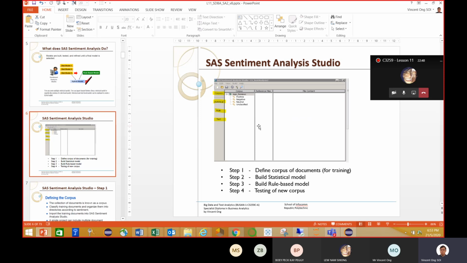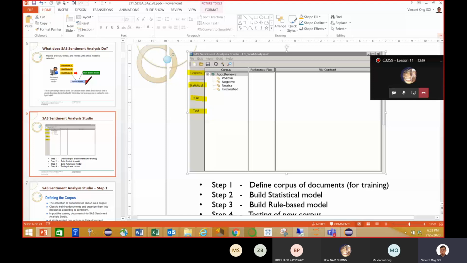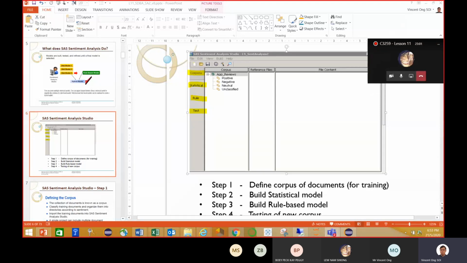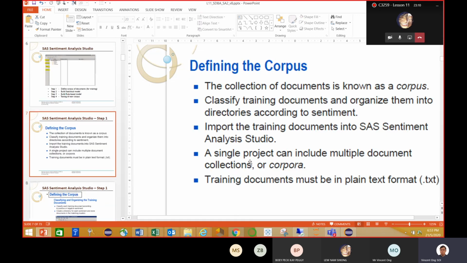So you can see from here, right? Let's make it bigger. So we have to define the corpus. Yes, you're right. For example, I have 1,000 documents.